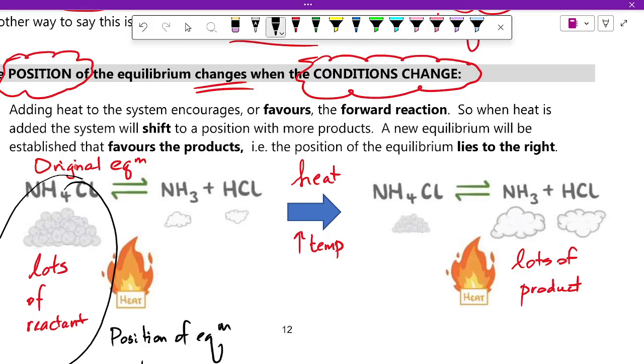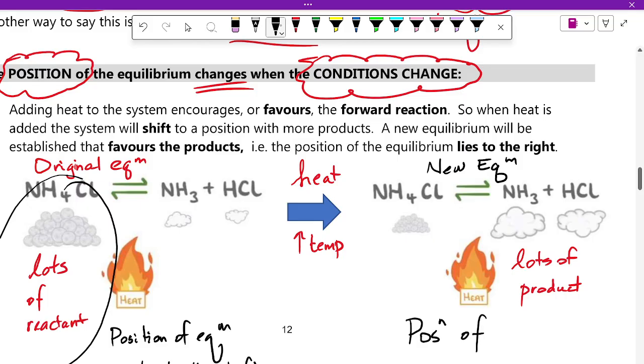So the position of the equilibrium here lies to the left. The position of the equilibrium here, this is our new equilibrium. And if you want an abbreviation for position, that's pos.